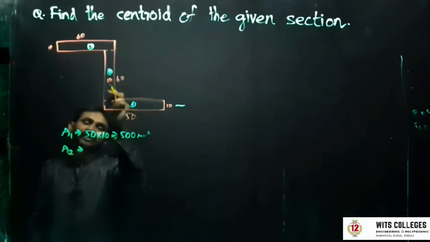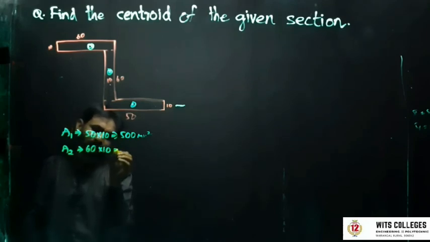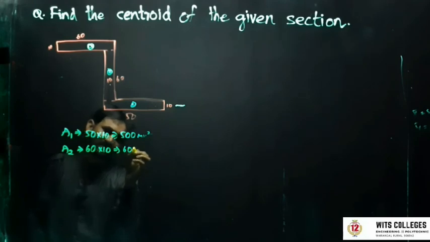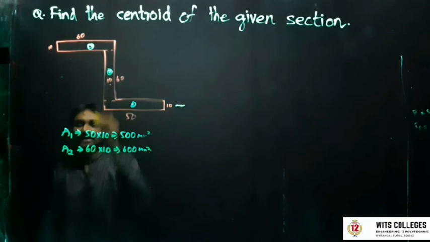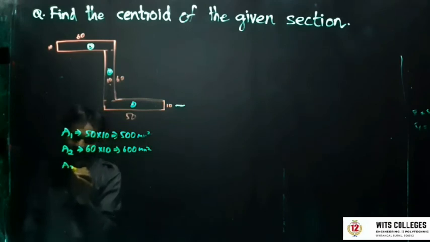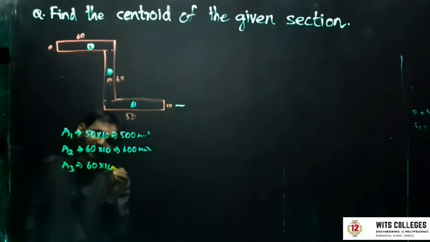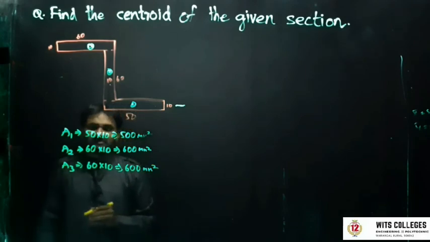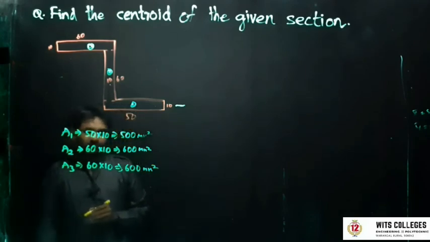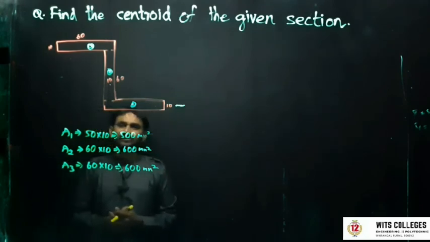A2 equal to 60 into 10, which is 600 mm square. Similarly, A3, the area of the third section, equal to 60 into 10, which is equal to 600 mm square. So I got all the A1, A2, A3 values.